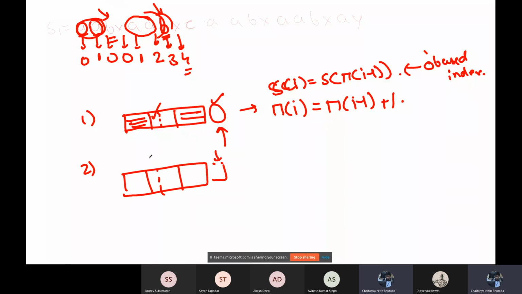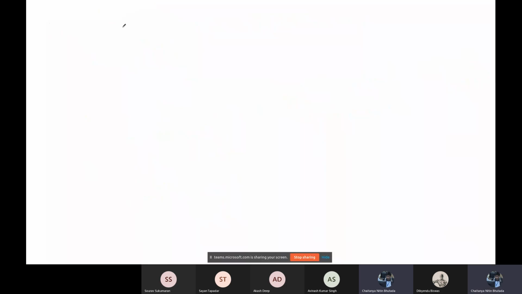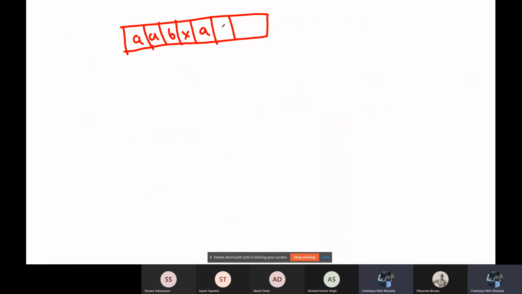if the new character here and here does not match, we will take the inner... like by DP we have calculated the values here, so we will take the pi value of this position and see. I will make it clear in a second. Like suppose AABX, AABY.